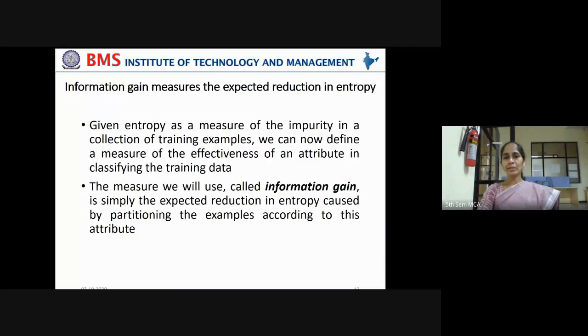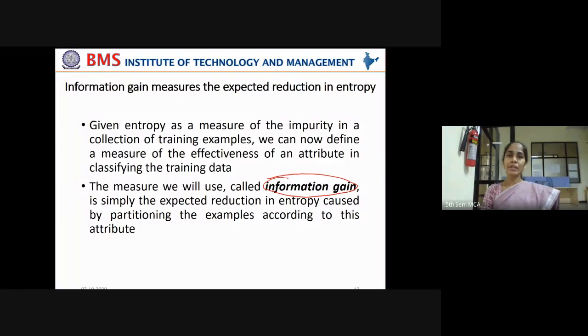Now, given entropy as a measure of the impurity in a collection of training examples, we can define a measure of the effectiveness of an attribute. We know that entropy measures the purity or impurity in classification. If that can be calculated, then we can also calculate the effectiveness of an attribute in making that classification. That is called the information gain.